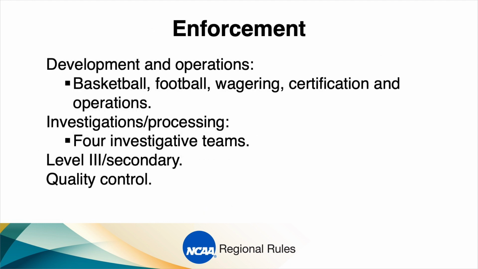Before we conclude and direct you to available online resources, we wanted to take a moment to give a brief overview of the Enforcement Department structure. The enforcement staff includes our development and operations teams, investigations and processing teams, Level 3 secondary staff, and our quality control group.